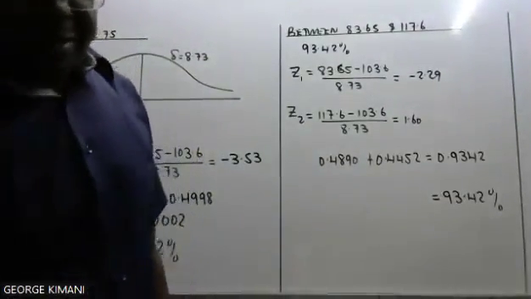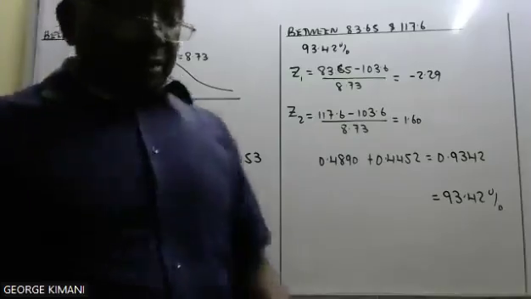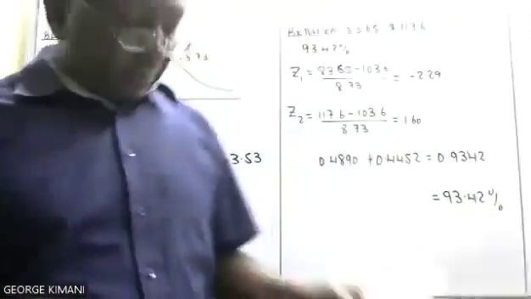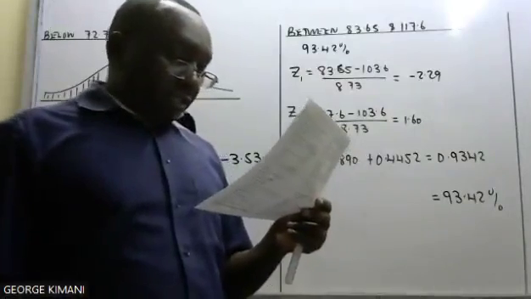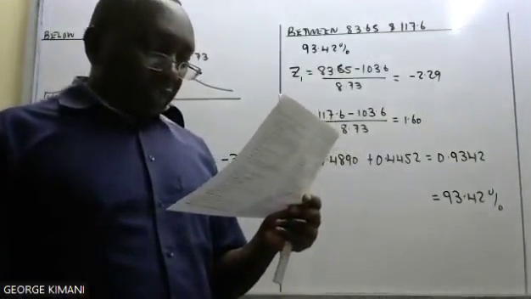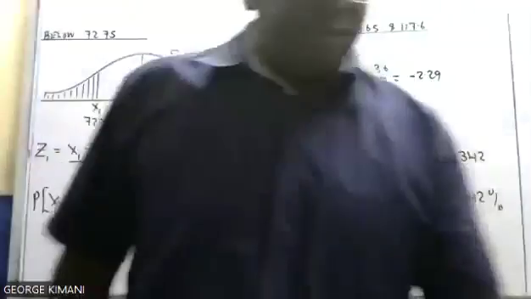If we are okay, the next question says, what would be the invoice amount such that 25% of the invoices are for greater amounts?